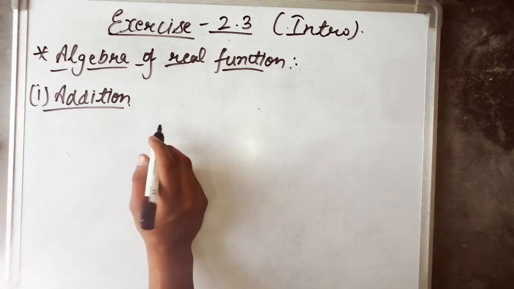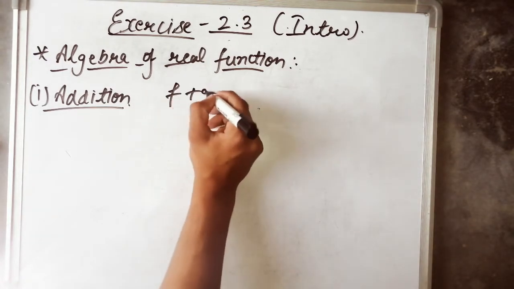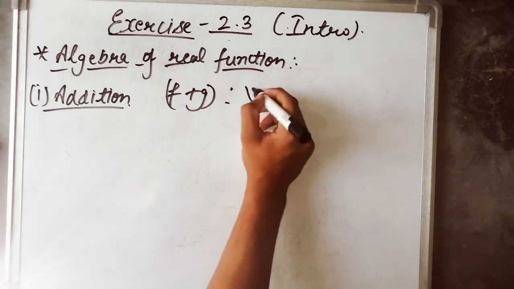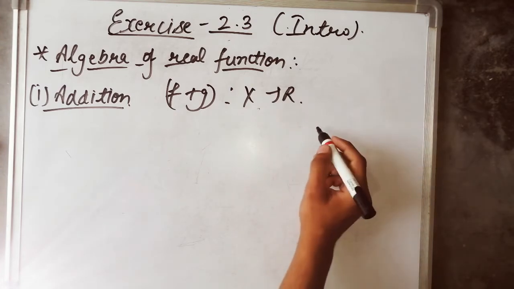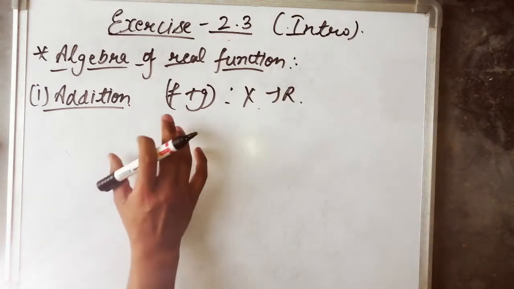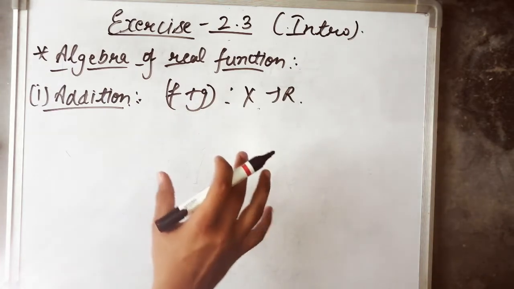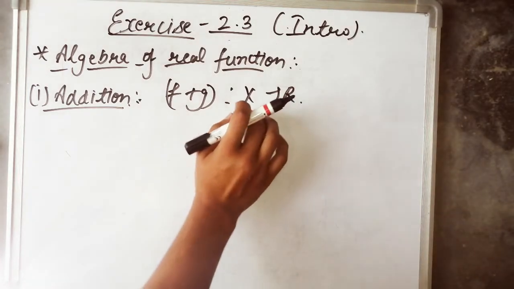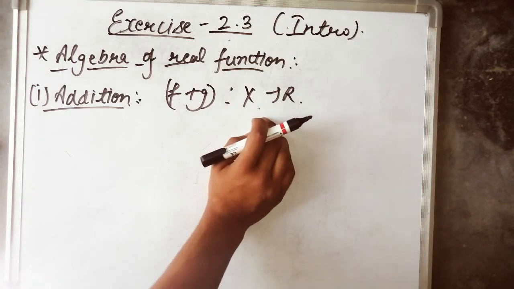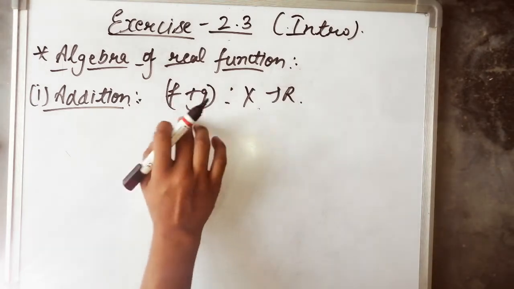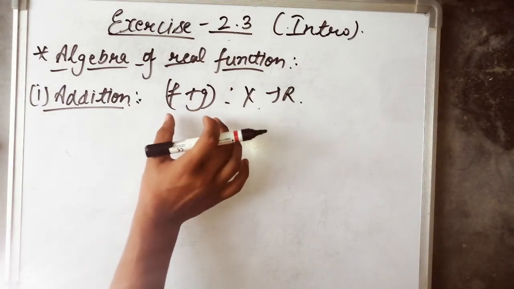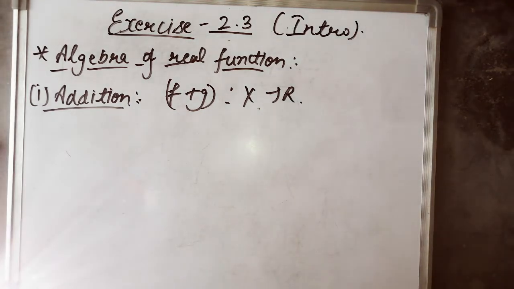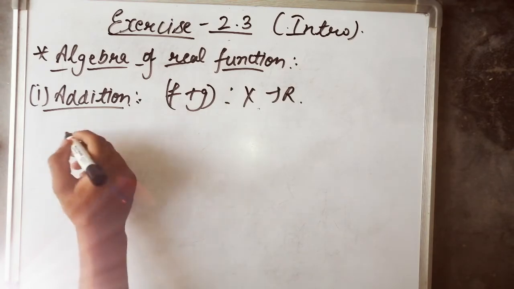Suppose you are given that f plus g is defined from x to the real numbers, where f is defined on x to the real numbers and g is also defined on x to the real numbers. These are two different functions, defined on x to R. Okay, let's see what we'll have.